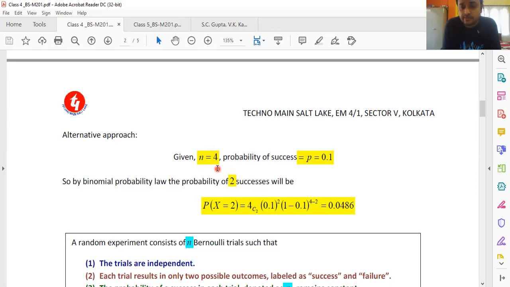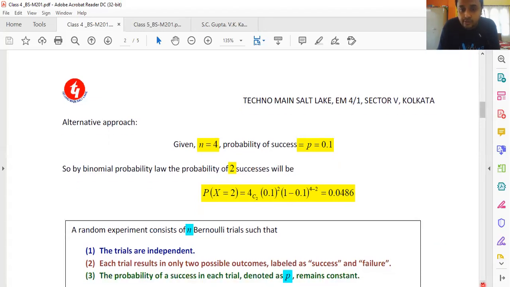What is that probability of success? It is given to be 0.1. So I'm noting it down. I am denoting this 4 transmissions by small n in general. And I'm denoting this probability in each case by small p, which is 0.1. Now, if I want to find out the probability of X equal to 2, then you see that in this case we can write the following formula.